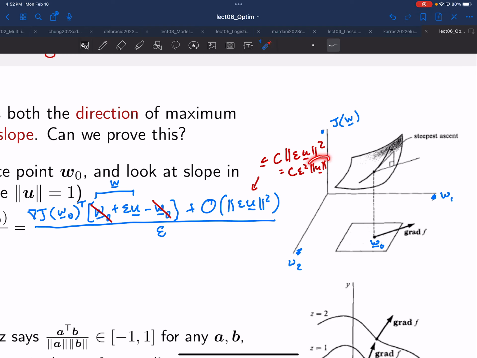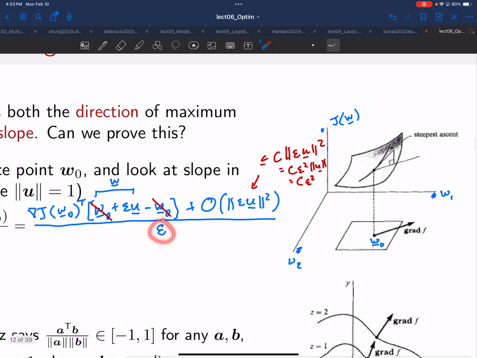But the norm of U, we said, is just 1. So really, this is C times epsilon squared. At least this term here is upper bounded by C times epsilon squared for some C that we don't know. Okay, but notice that one of these epsilons is going to be canceled by the denominator.